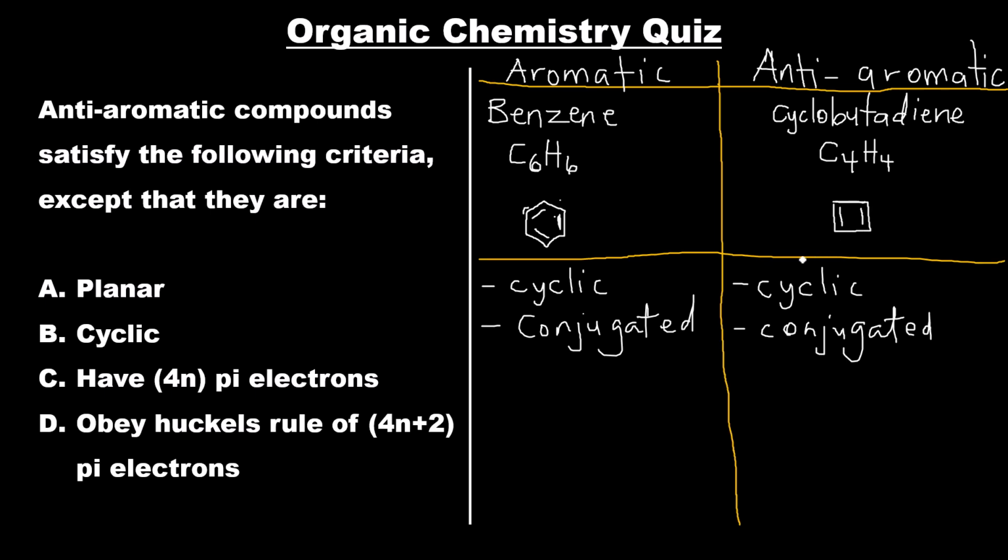What is the next property of the molecule? The molecule should actually be planar. The same rule applies for the anti-aromatic compound. Now, what do we mean when we say the molecule is planar? What it basically means is that the molecule should be flat.